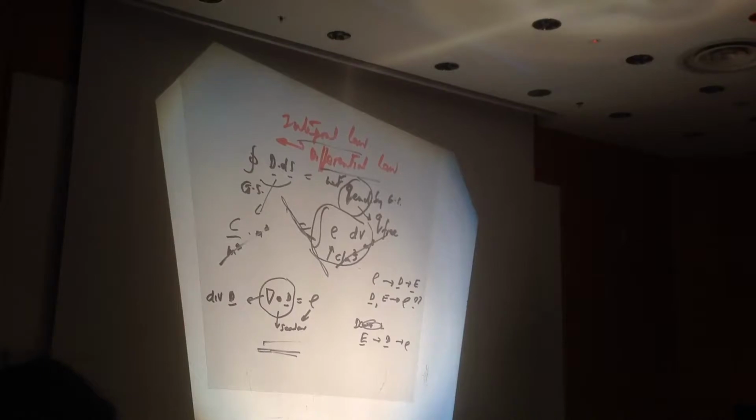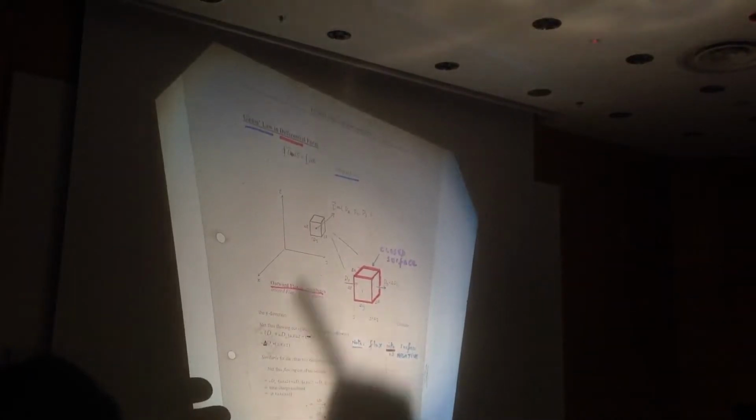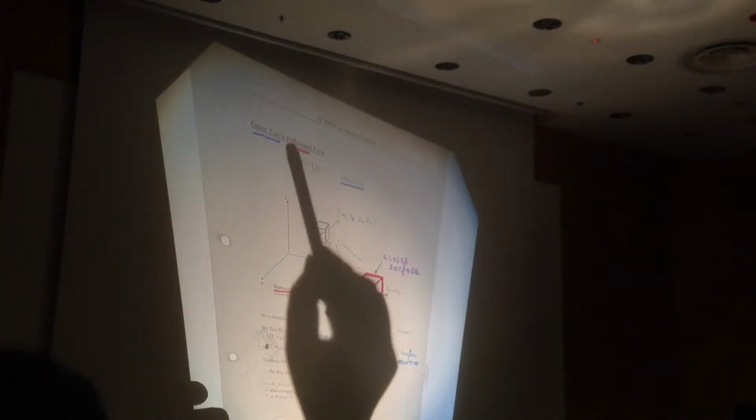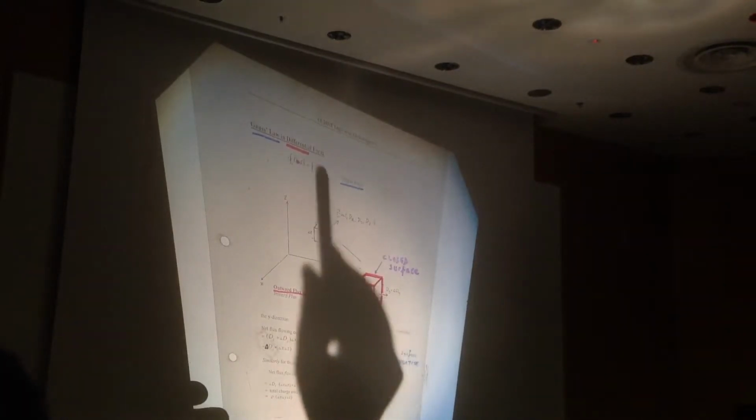So let's look at it before we look at the example. How do you get this differential form from the integral form? That's really easy. This is the handout that we have in integral form. We want to get the differential form.